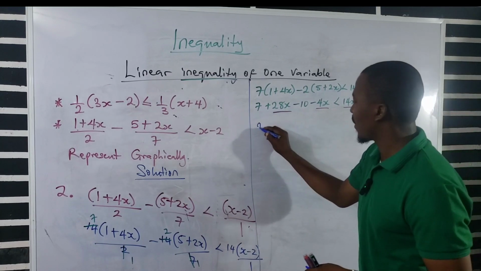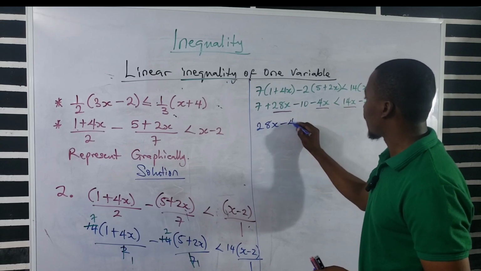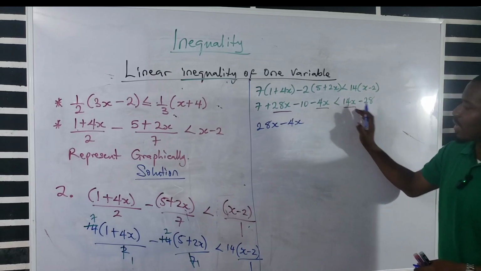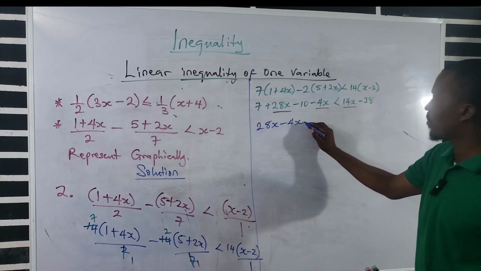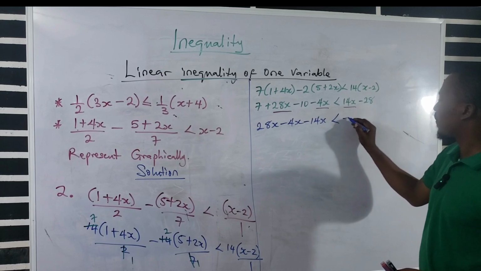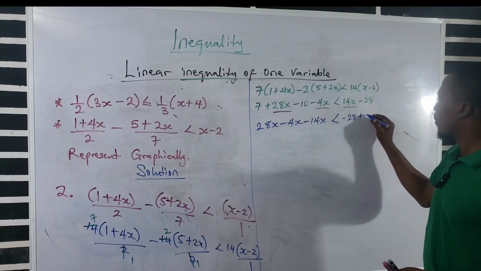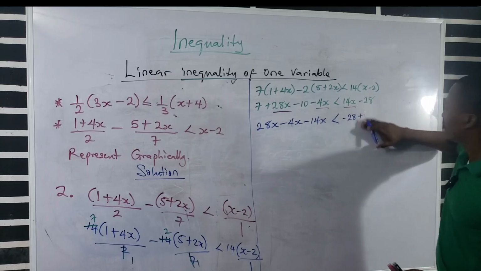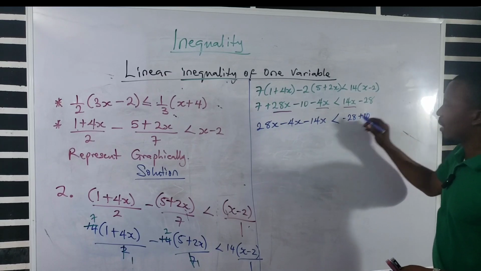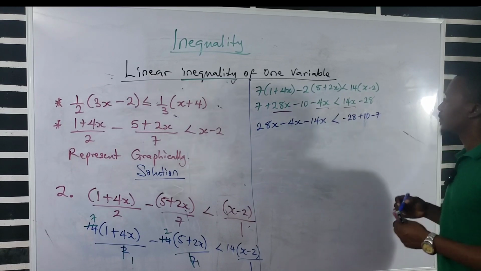So what I have here is going to give me 28x minus 4x. This 14x is going to come over here to give me minus 14x, less than, I have minus 28 here. This one will come over to become plus 10. The 7 will move over to give me minus 7.